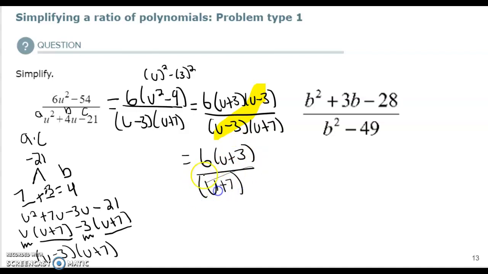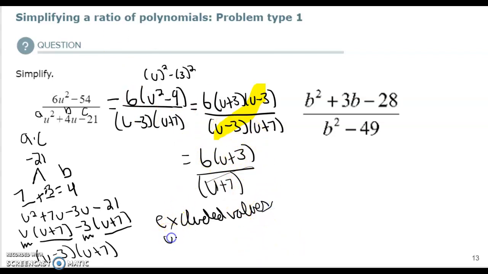So say that you were asked on a problem like this what your excluded values would be. You would think about, what would cause my denominator to equal 0.